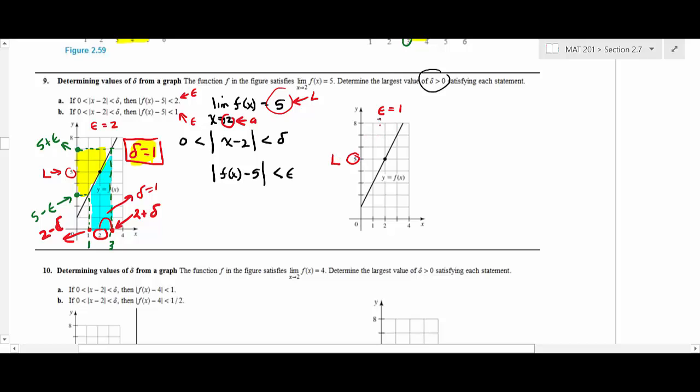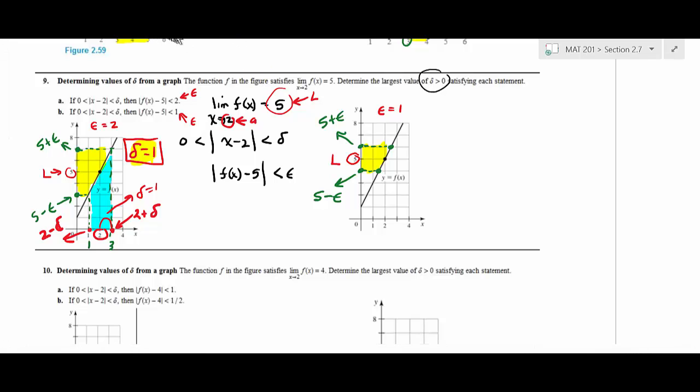Since epsilon is 1, we're going to go up 1 unit, which is the value of the limit plus epsilon. Then we're going to go down 1, the value of the limit minus epsilon, so this will create our epsilon belt. We're just taking a region around the value of the limit of plus or minus 1.